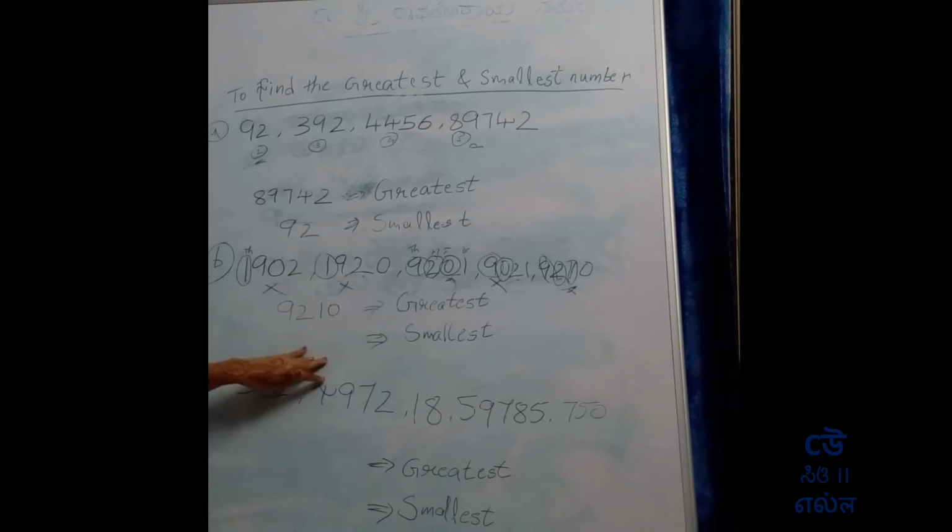Okay. So next, we have to find the smallest number. We are done with how to find the largest number. So in the smallest number, we'll erase all these terms, okay?